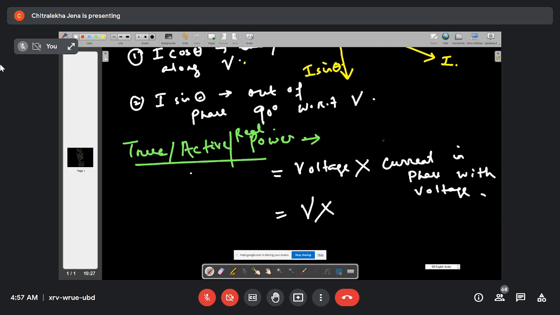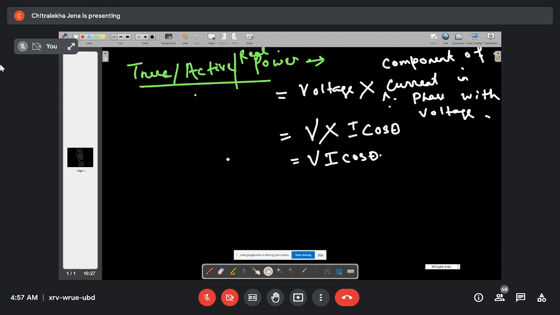Write down: component of current in phase with voltage. That is I cos theta. So this is equal to VI cos theta. This is the true, active or real power.